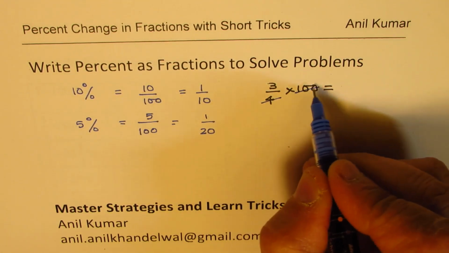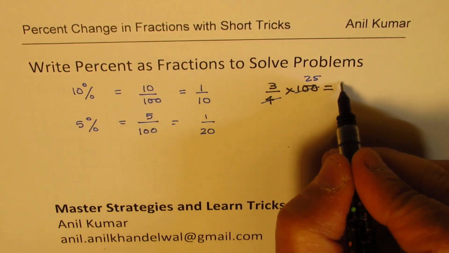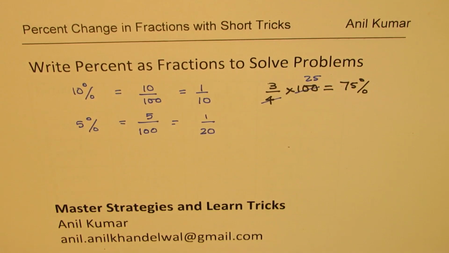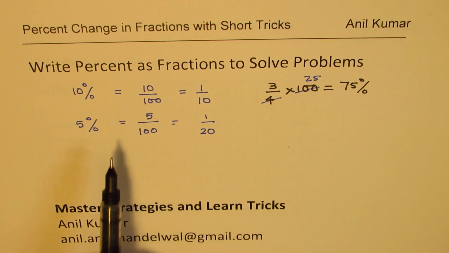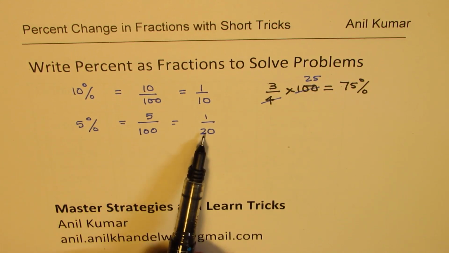So dividing, you get 25, and that gives you 75%. So percent and fractions can be converted either way. Perfect.